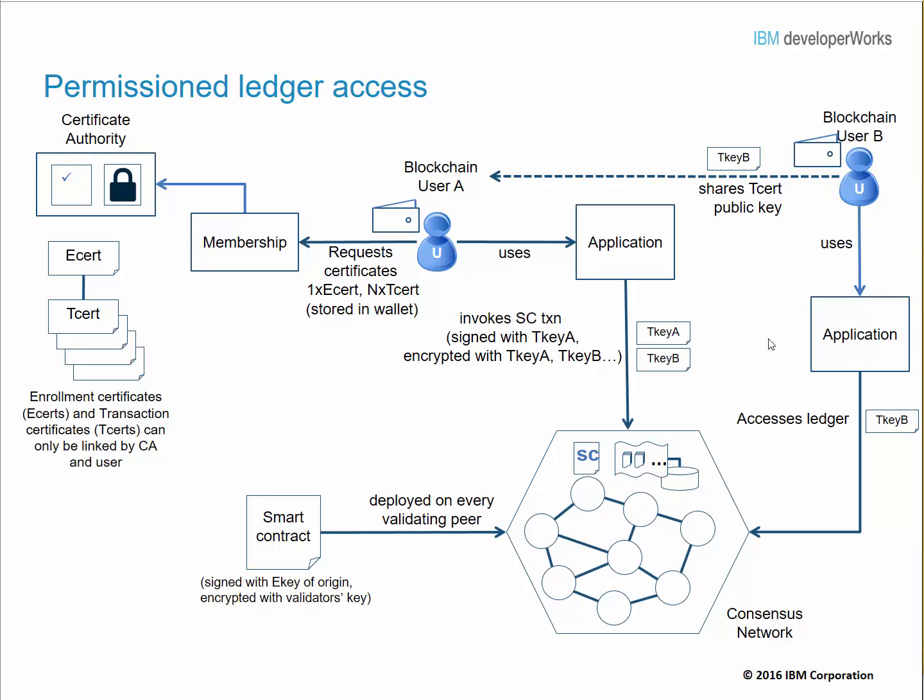User A would invoke the smart contract transaction and sign it with their transaction key, and it would also be encrypted with both the transaction keys of user A and user B. As part of this process, user B would share the T-cert public key with user A so that both keys could be used to encrypt the smart contract transaction.